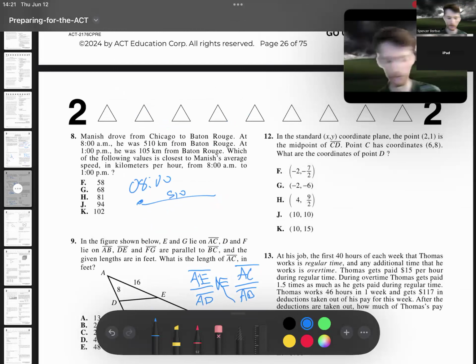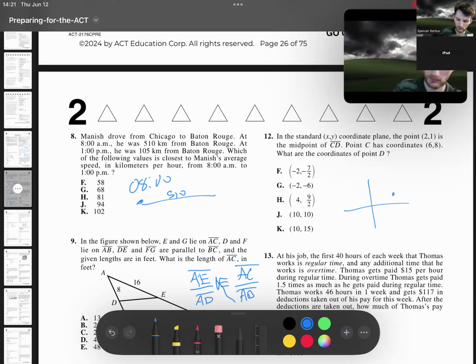All right, not bad. In the standard coordinate plane, the point 2, 1 is the midpoint of CD. Point C has coordinates 6, 8. Okay, that's far away. What are the coordinates of point D? Oh, it's the midpoint. All right.